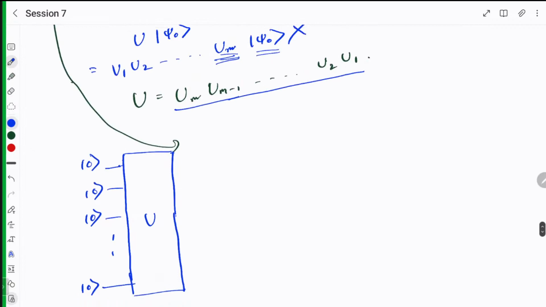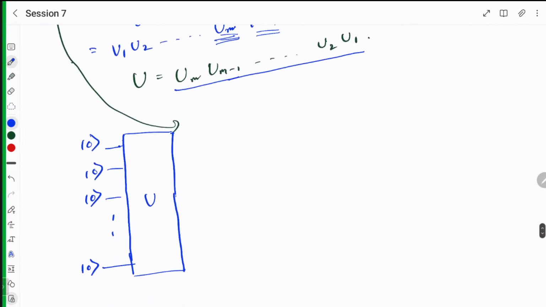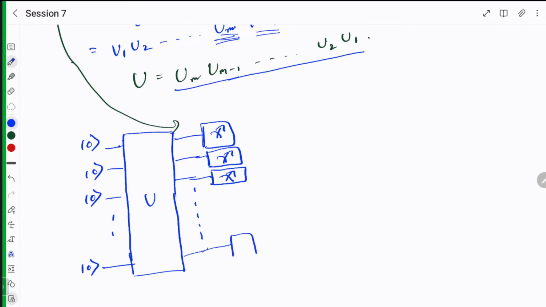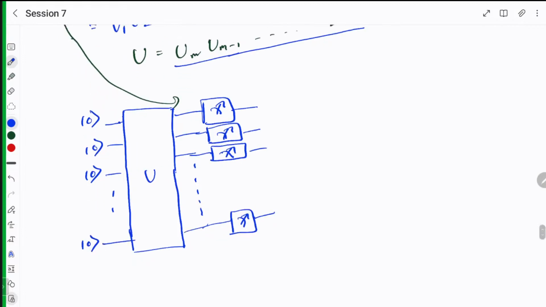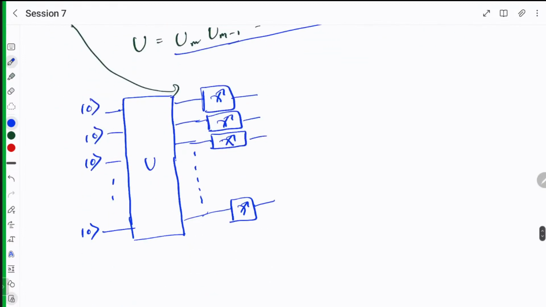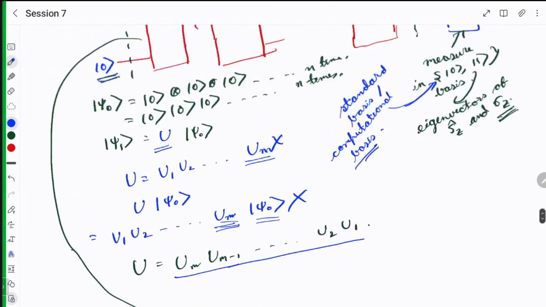And then at the end, you are just measuring all of them in the 0, 1 basis. So this is an equivalent representation of this circuit.